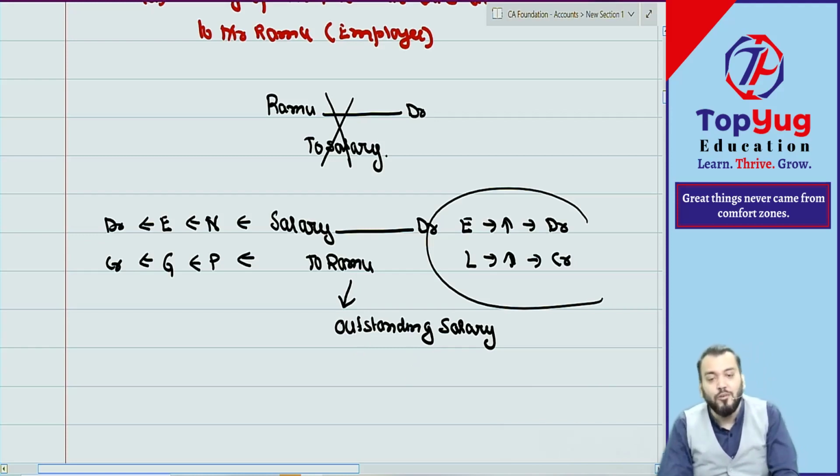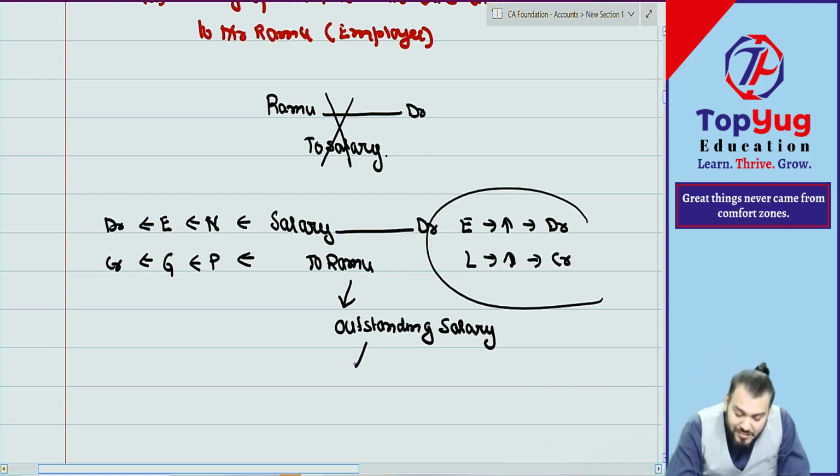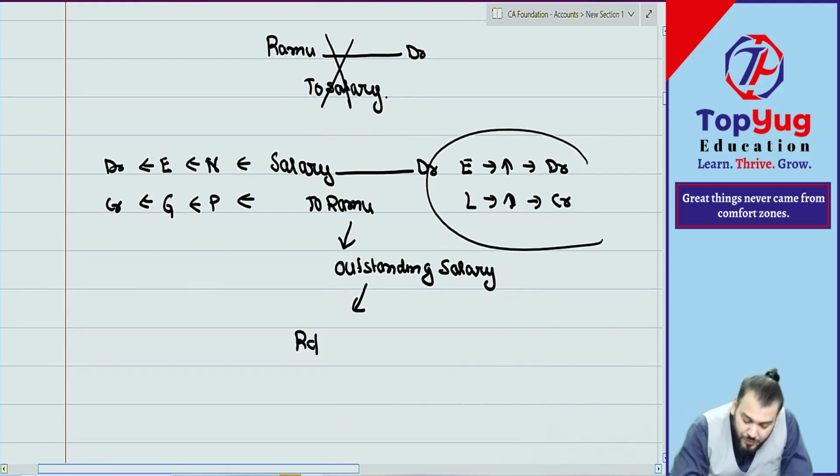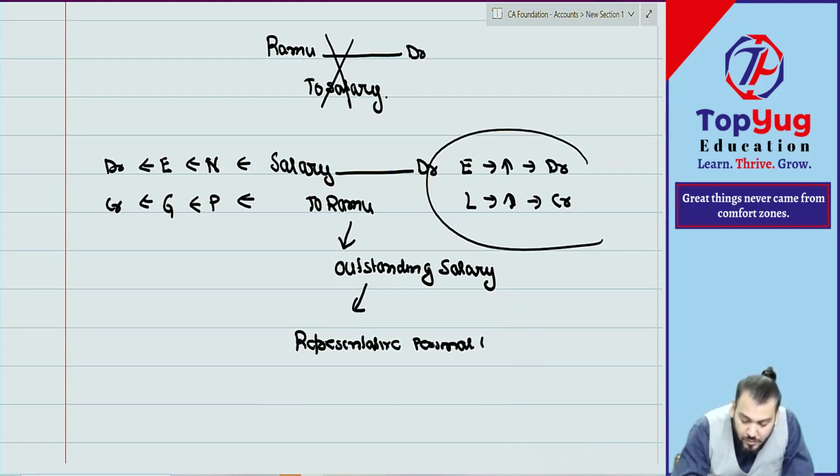Outstanding salary account. Outstanding salary is a representative personal account.